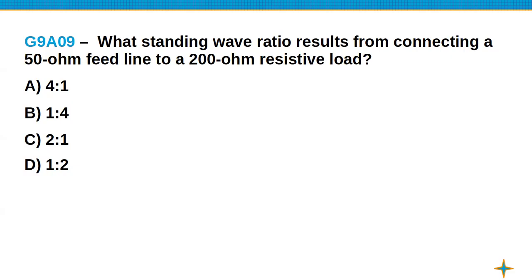I don't know where to start with that. Isn't that just 50 divided by 200, or did I get that backwards? If I took 200 divided by 50, that's 4. So it's 4:1.